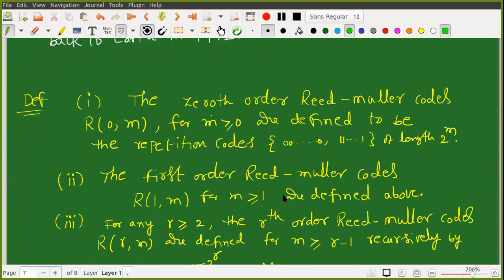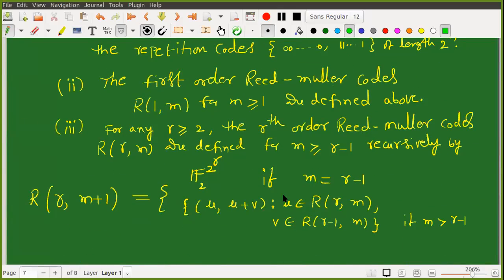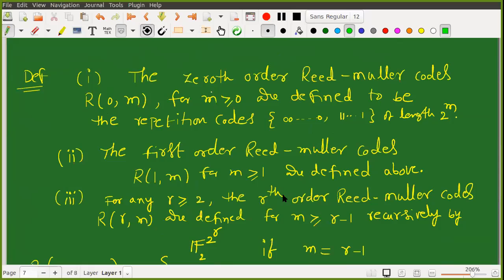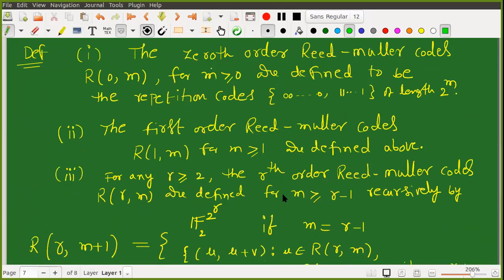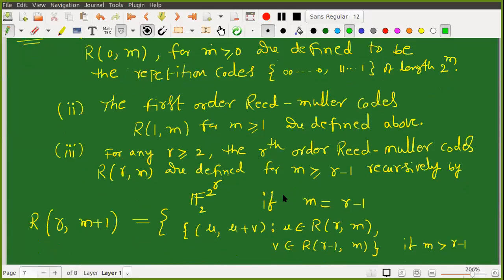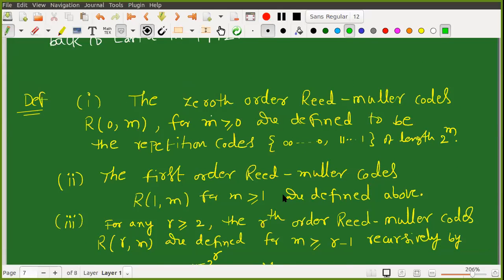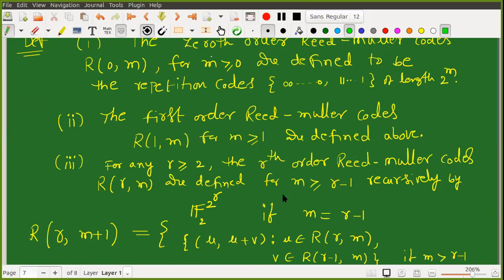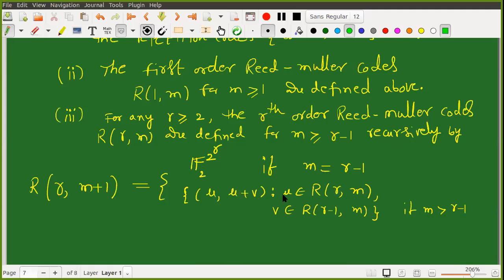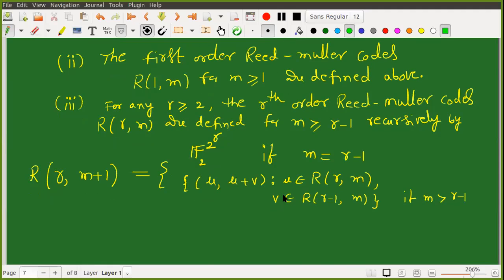Later people developed this for general r also. So they defined it recursively. With that I will stop. Let me just define it and I will close. The 0th order Reed-Muller code is R(0,m), that is a repetition code. The first order we defined above. The rth order Reed-Muller codes are again defined recursively. When m equals r minus 1, it is F2 power 2 power r.